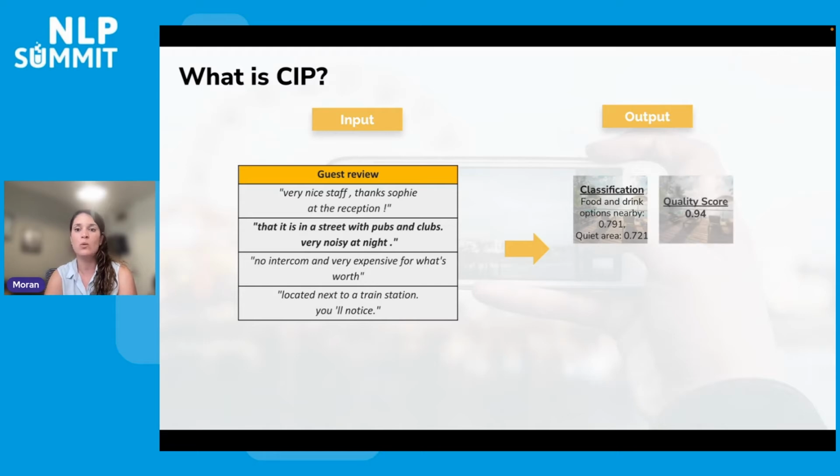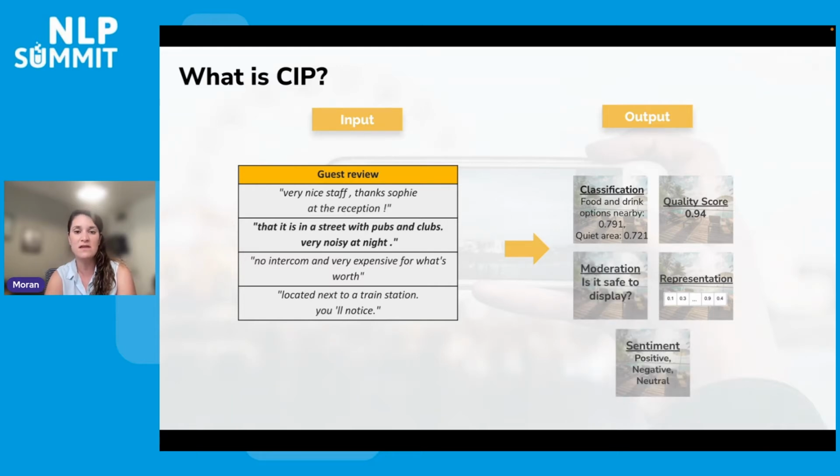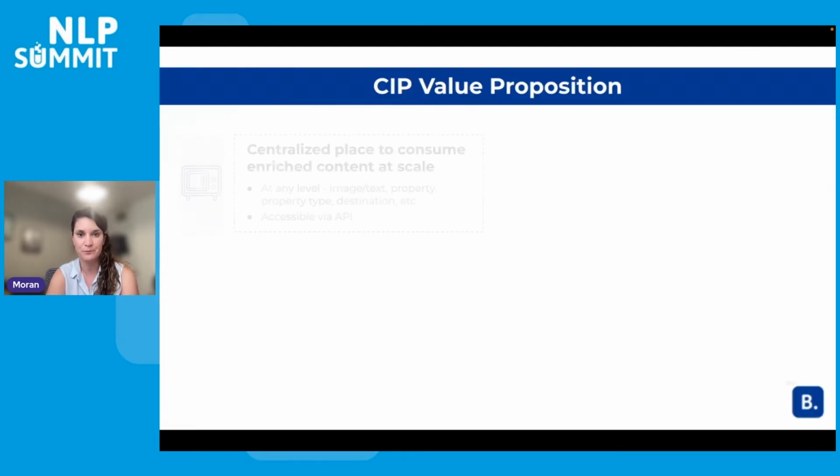We can give the quality score of the review, whether it is a high quality review in terms of semantics and language. We can have an embedding representation for the review, again, to consume for different models, whether it's safe to present, and what the sentiment of the review is. Is it positive, negative, or neutral? All of this output is there to consume using the Content Intelligence Platform.